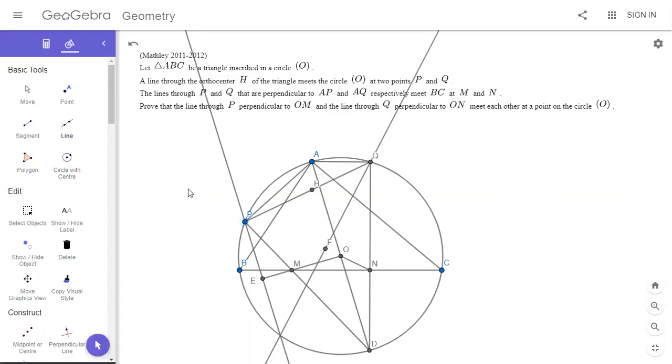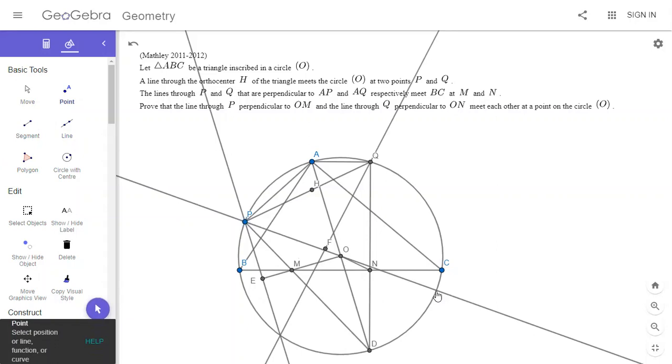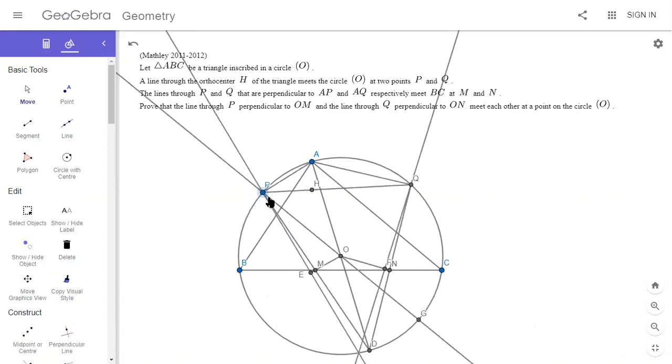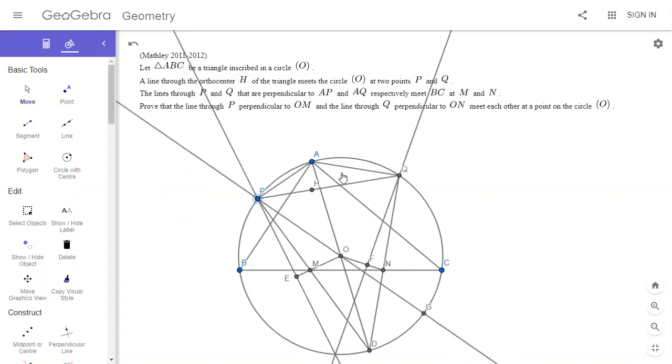Okay, what if we do this? So like, we draw the antipode of P. So we want to show, like we want to show the quadrilateral GPAQ is similar to DMON.